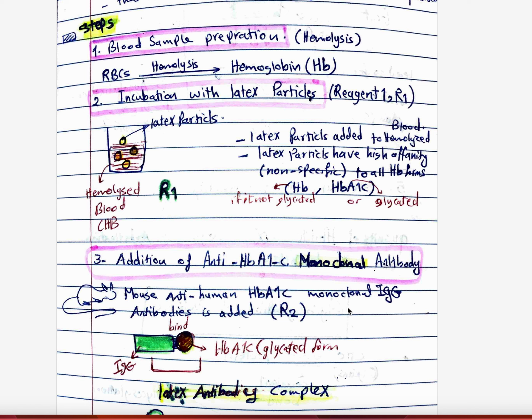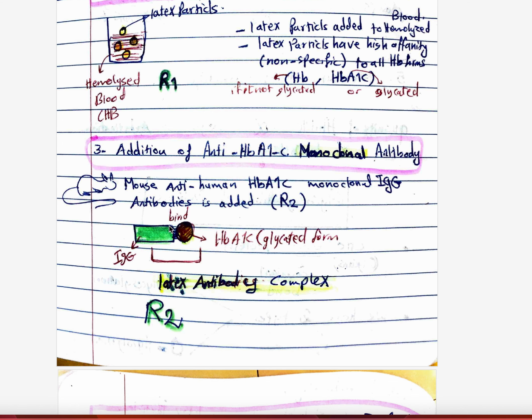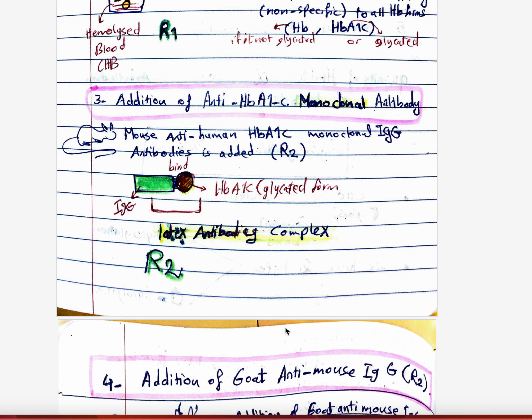We add antibodies against the hemoglobin A1C, which are mouse anti-human hemoglobin A1C monoclonal immunoglobulin antibodies. We can say it's a reagent too. So these are the mouse anti-human antibodies, and this is the hemoglobin A1C, so they bind together, and that leads to the formation of the latex antibody complex.